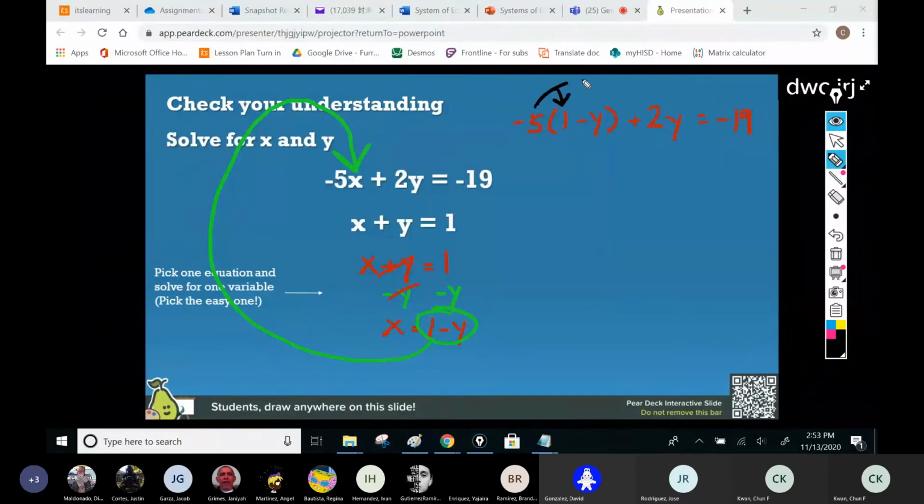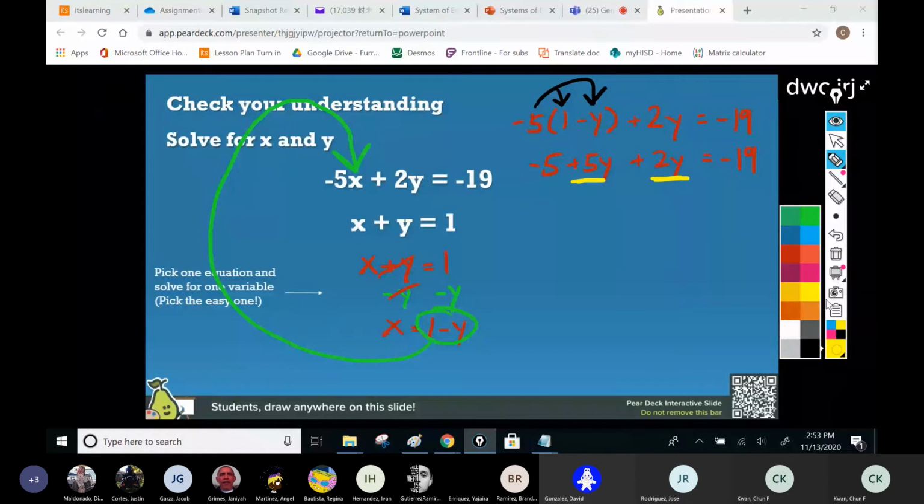And then distribute the negative 5. So you have negative 5 plus 5y plus 2y equals to negative 19. And then I'm going to combine the like terms. So that means you're going to get negative 5 plus 7y equals to negative 19.